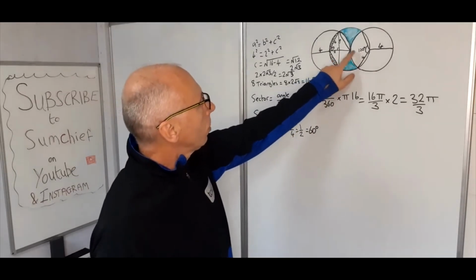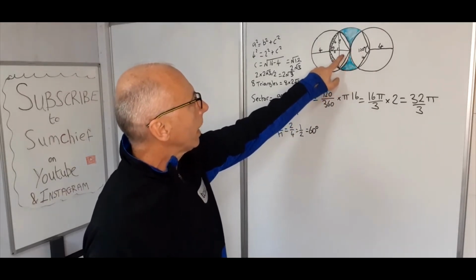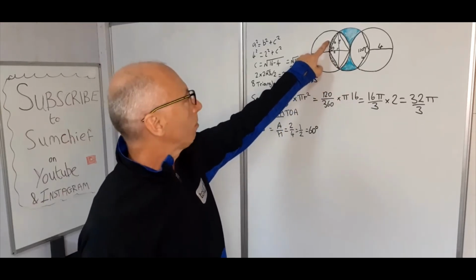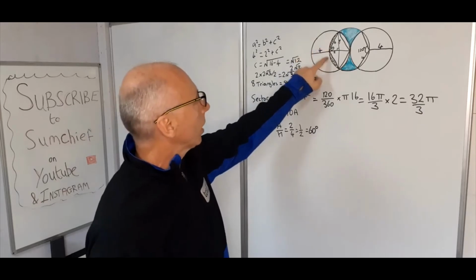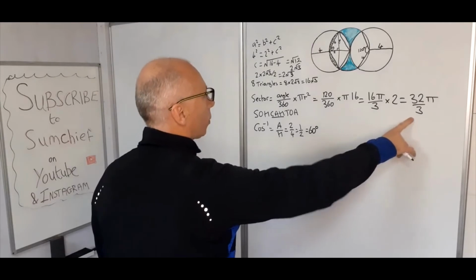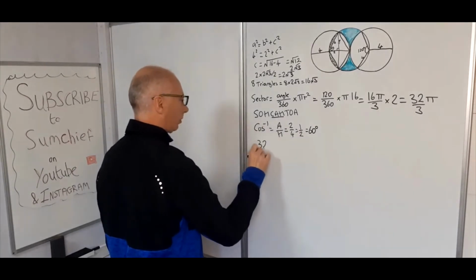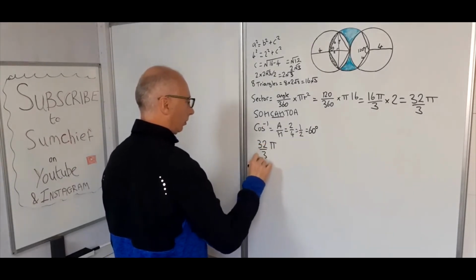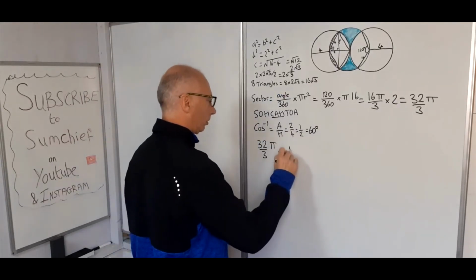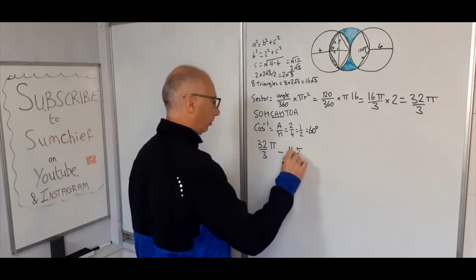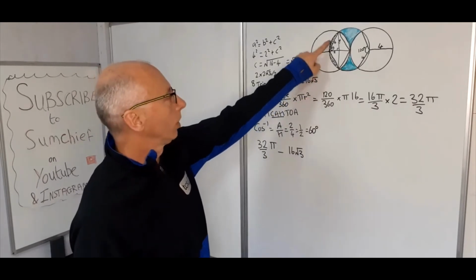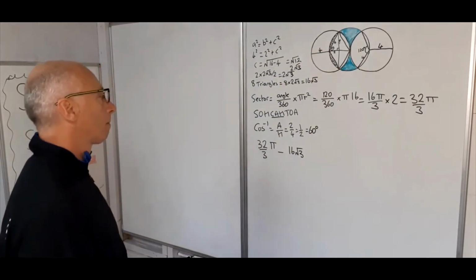So if you get those 2 sectors and subtract the 8 triangles, that will leave us with these little sections here. So sector's 32 pi over 3, and if we subtract 16 root 3, that will give us the area of 2 of these parts here.